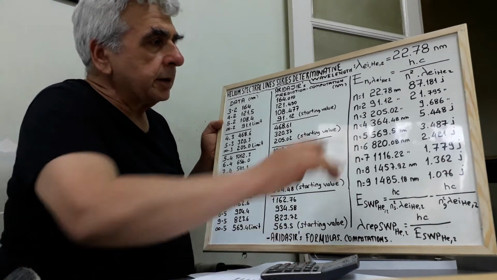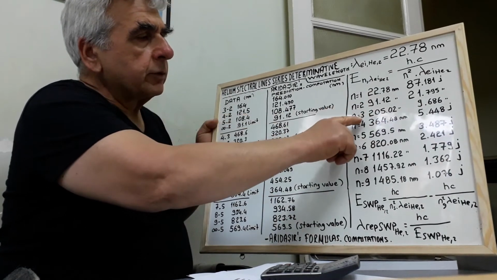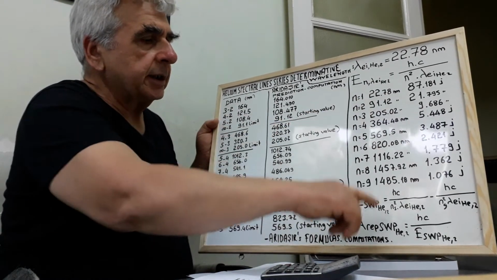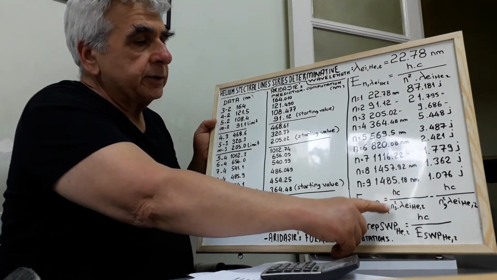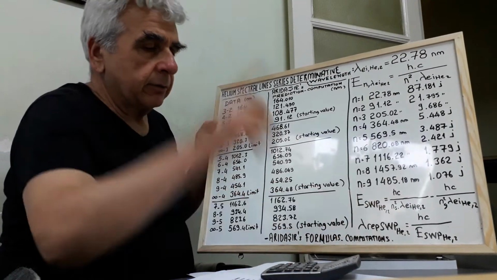Again, from 3 to 2. Okay, I will do this. I will find energy and then wavelength. Okay, wait a moment.